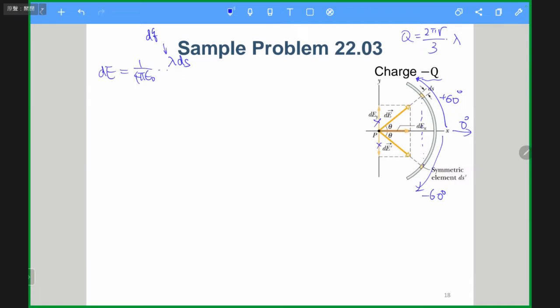Then over small r squared, because in this question the radius of this arc is the small r rather than capital R. Here we consider the x-axis component. So dEx will be 1 over 4 pi epsilon naught times lambda ds over r squared, and here this is theta, so we need to multiply by cosine of theta, because this divided by this will be cosine of theta.